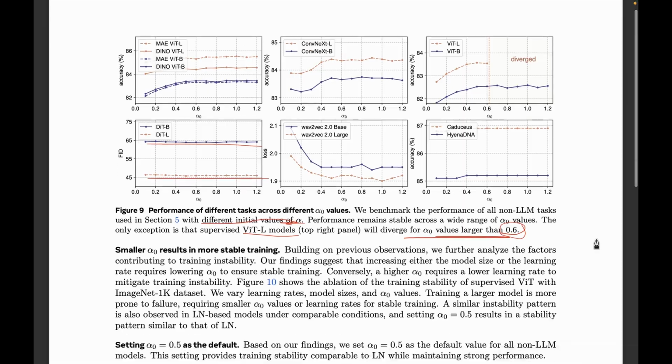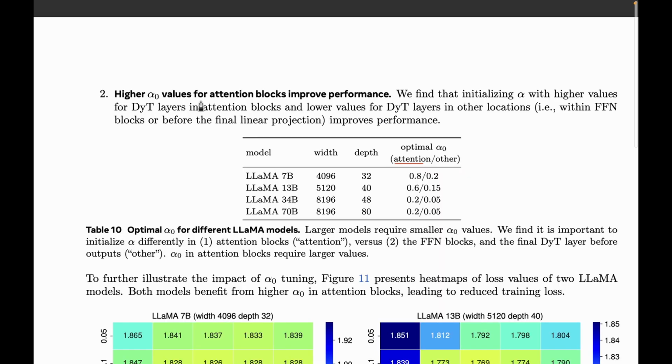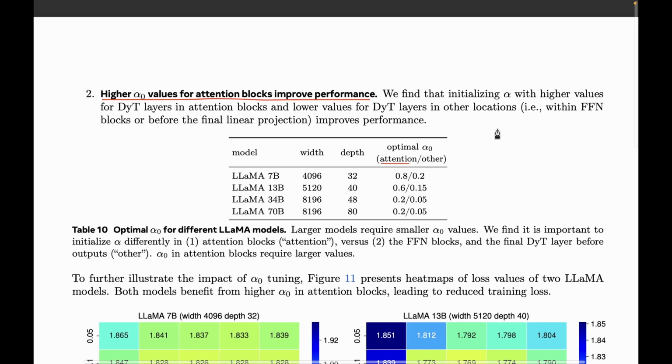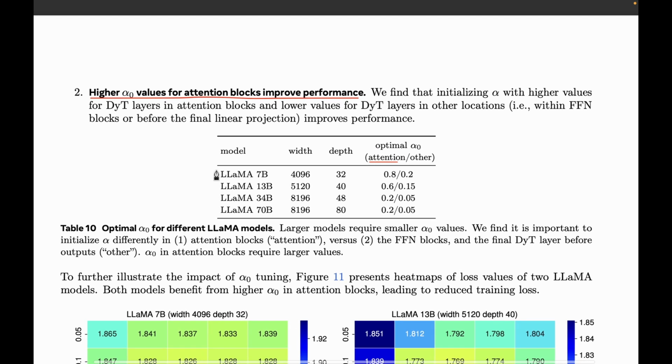have a slight impact. Talking of the alpha zero, or the alpha initialization, they say that higher values for attention blocks seem to improve the performance. For example, if you take the LLaMA model, it doesn't matter whether it's 7 billion or 70 billion. They advise initializing with 0.8, for example, for the 7 billion if it's the attention layer, but for the other layers you initialize with a smaller value of 0.2.